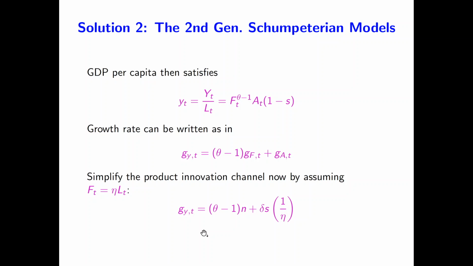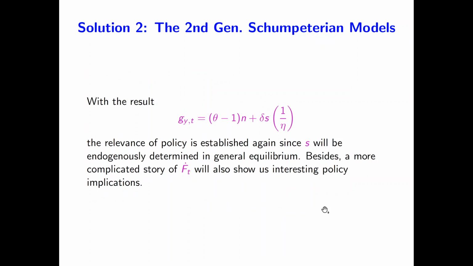Now, once again, policy relevance is appearing here because there could be some policies, some R&D subsidies, some other type of research policies that might affect S, in a typical private ownership economy. So then that's how we solve it, right? As you see, S will be endogenously determined in equilibrium. And as I said before, we can actually write more complicated stories of how FT grows. Okay, and that also has, of course, policy implications.